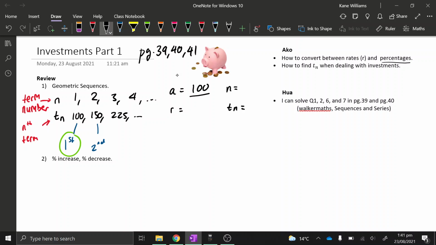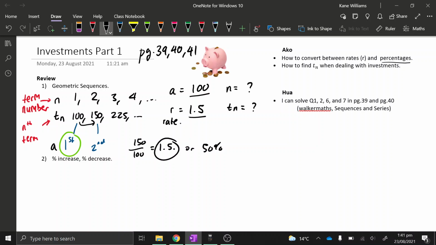What's r? r is the rate. So it's how much it changes by. You can always find that by going the second term divided by the first term. So 150 divided by 100 is 1.5. So our rate must be 1.5, or 50%. n is just what you feed into the formula, and Tn is what you are finding out.